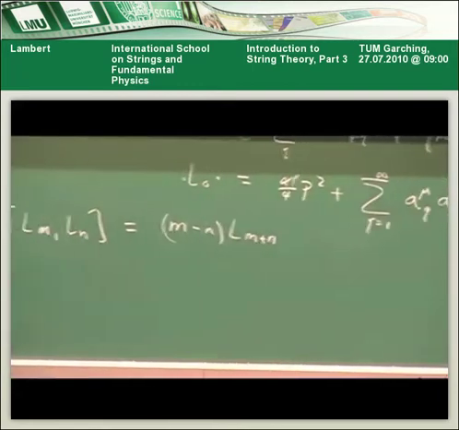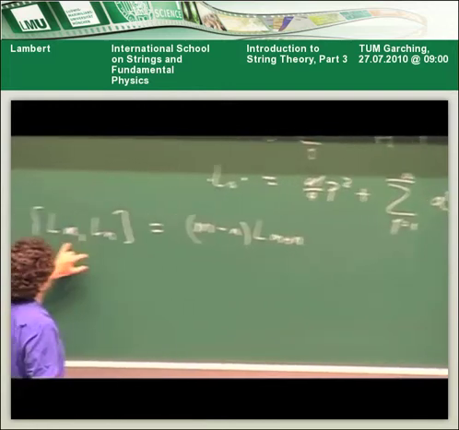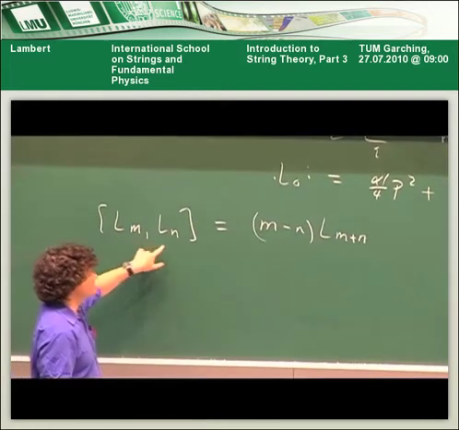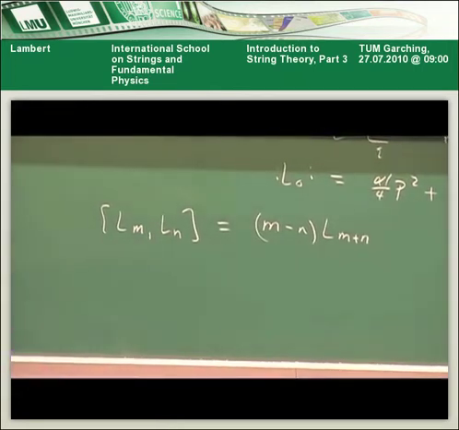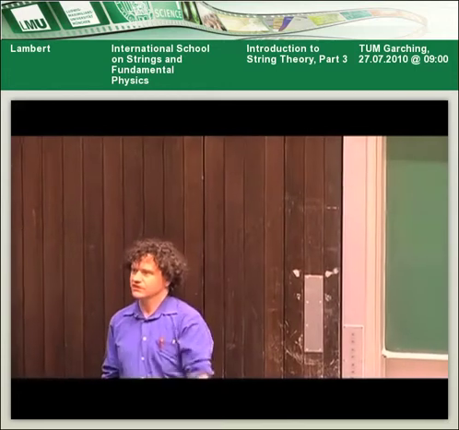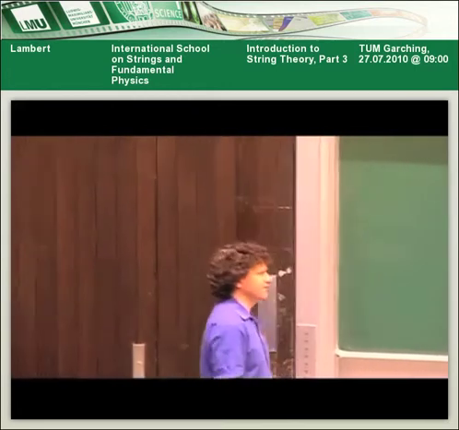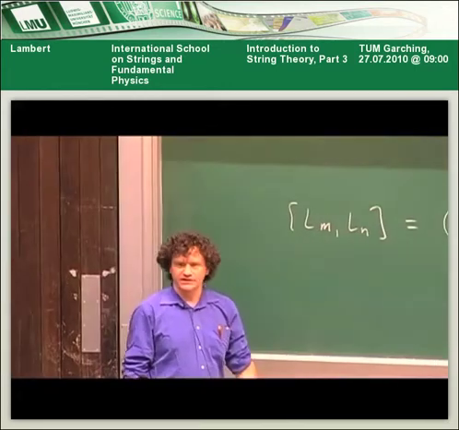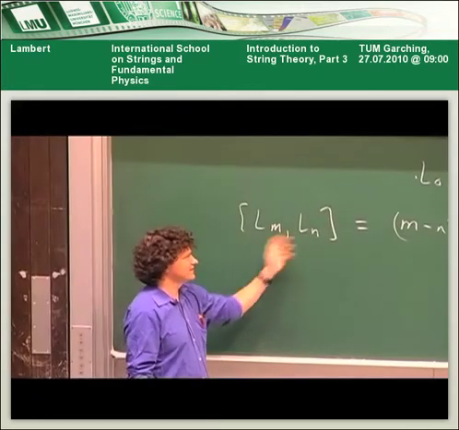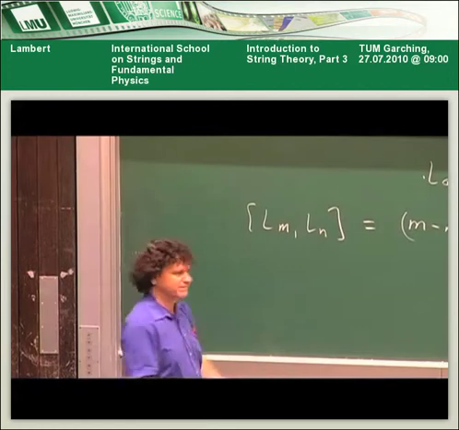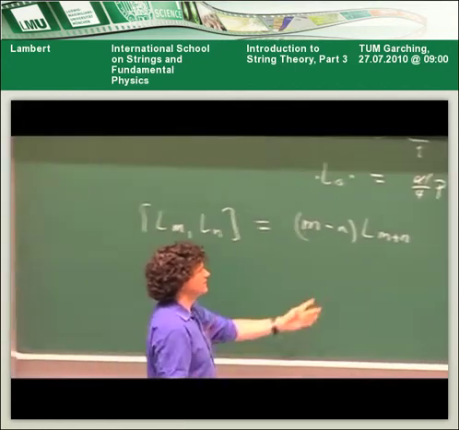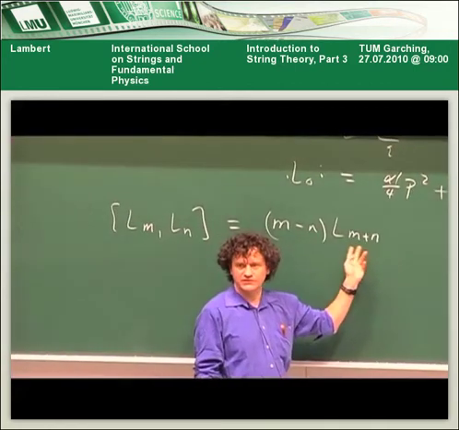So over here, you only have to worry if one of these is 0, and over here, you only have to worry if m plus n is 0. Also, the difference between L0 and its normal ordered form is just an infinite constant, and that constant commutes with everything. So it doesn't matter if L0 appears on the left, because that constant just goes away. All that matters is if you hit L0 over here.